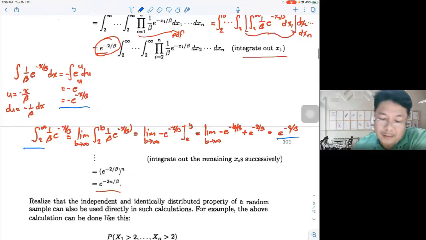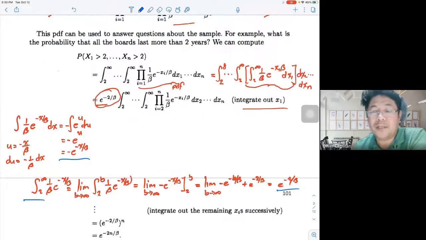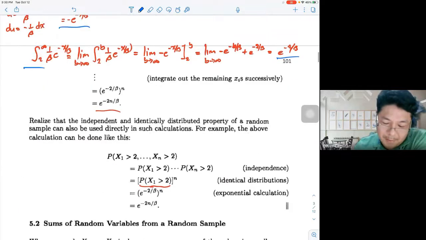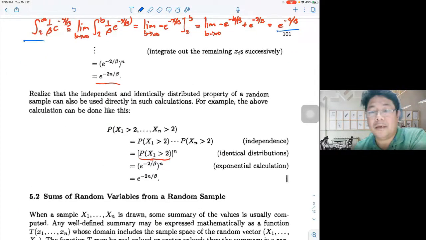Earlier, in the first part, we just used the mutual independence property. And in the second part, we applied the assumption of independence as well as identically distributed random variables. Okay?